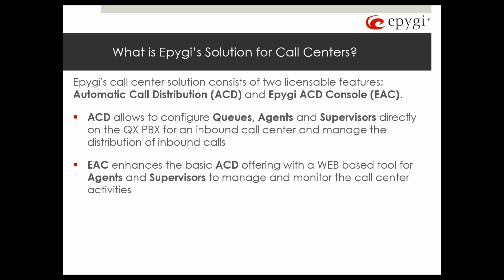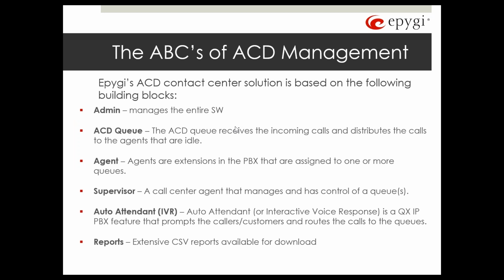ACD itself allows you to configure basic queues, agents, and supervisors directly on the PBX for inbound calling, and to manage the distribution of those inbound calls to the queues. EAC enhances the basic ACD offering with a web-based tool for agents and supervisors so that they can manage and monitor the call center activities.